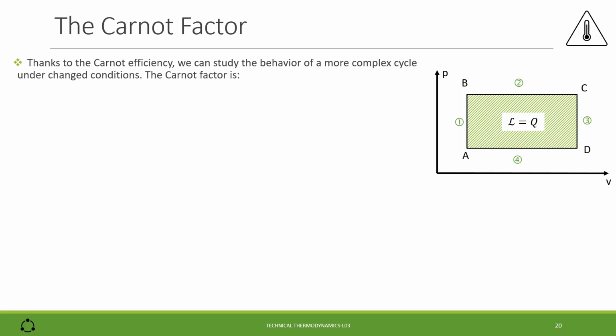Let's introduce now a new argument, that is the Carnot factor. Thanks to the Carnot factor, we can study the behavior of a more complex cycle under changed conditions. The Carnot factor is so defined: the ratio between the efficiency of the cycle and the efficiency of the Carnot cycle, okay?